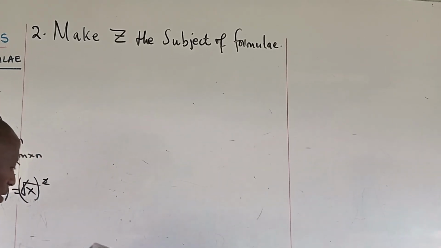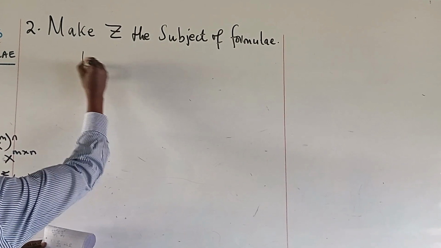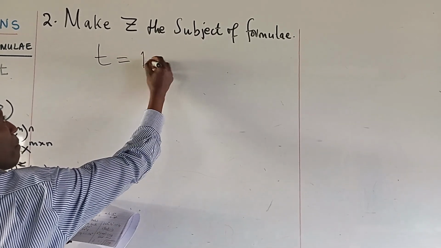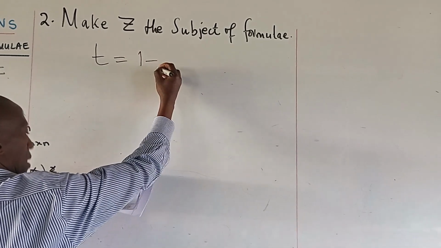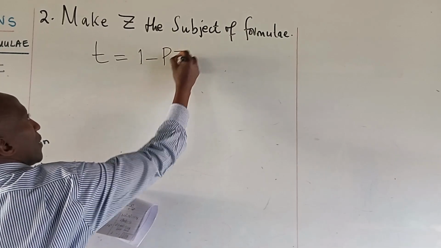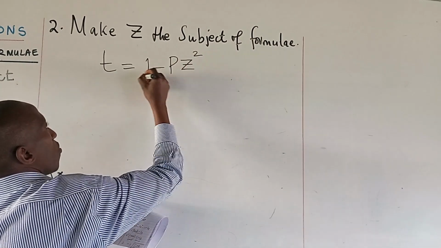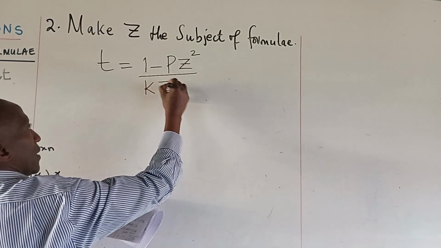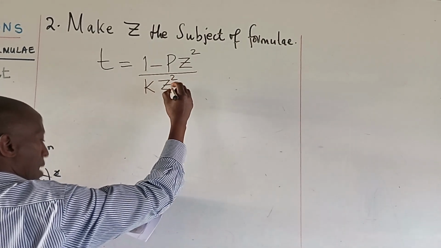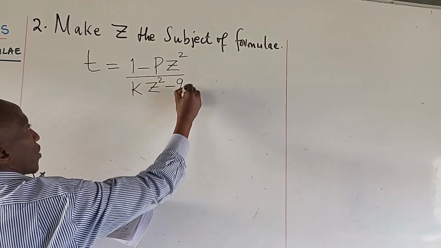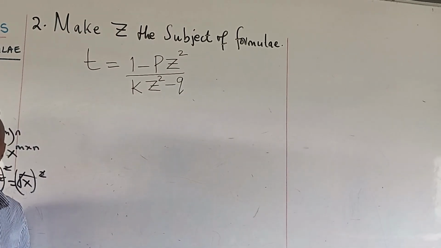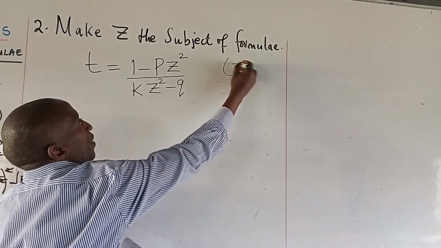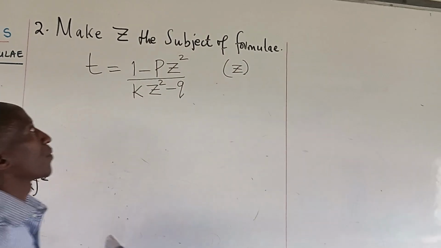The expression given is that we have T is equal to 1 minus PZ squared all over KZ squared minus Q. So this is our expression and we are required to make Z the subject.